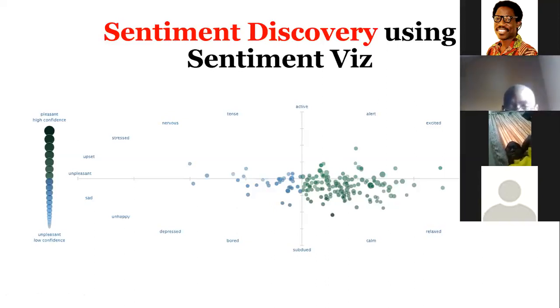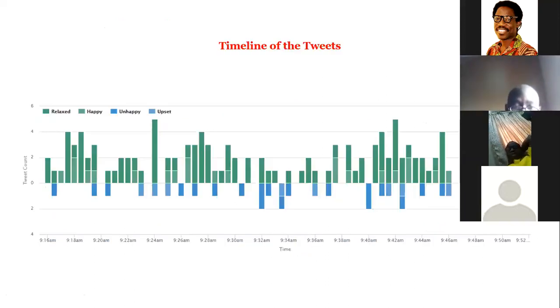Now, if we move to this side, timelines of the tweets, you can see this particular Magu issue now. This is 178 tweets. It started from 9:16 a.m. Then we have the key that shows us at what point in time people are relaxing about that particular issue, at what point in time people were happy about it.